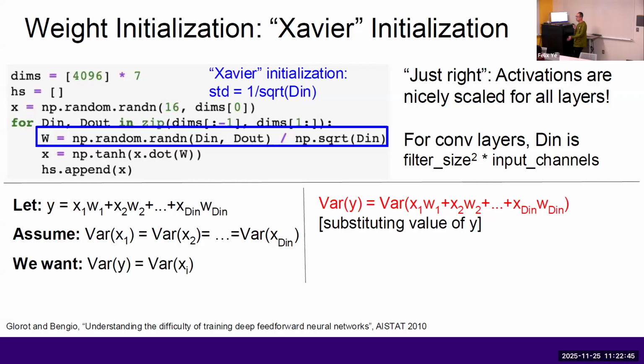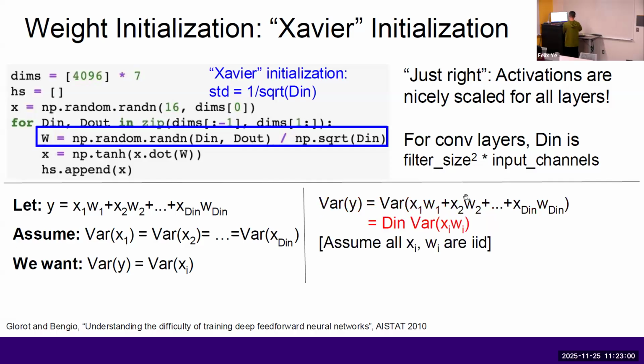So the whole idea is I want my Y to have the same variance as my X, right? So we substitute Y by this linear transformation. Because each of them is sampled in an IID manner, everything is IID, so I can pull out the D_in, which is the input dimension.